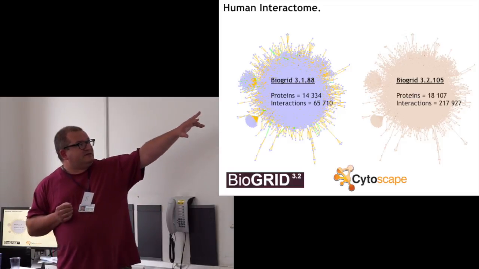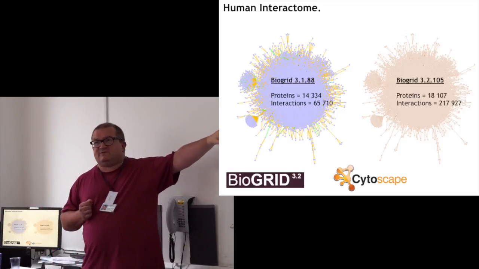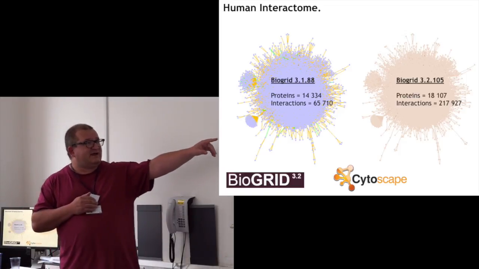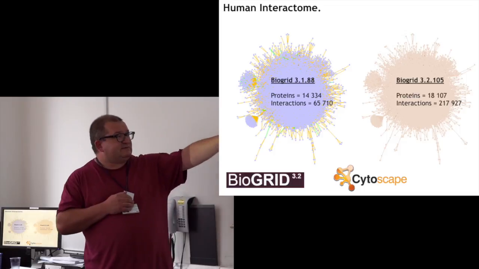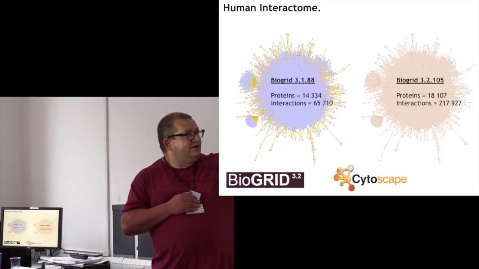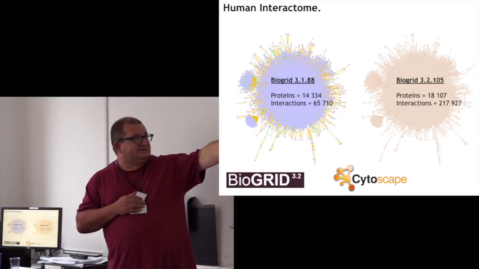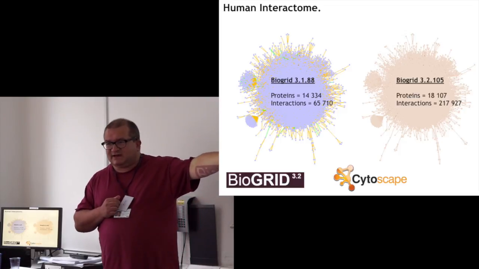A number of years ago, I believe this version of BioGrid was from 2013. There were 14,334 proteins in there with over 65,000 interactions. This next model from last year has gone up to 18,000 proteins with 217,000 interactions.